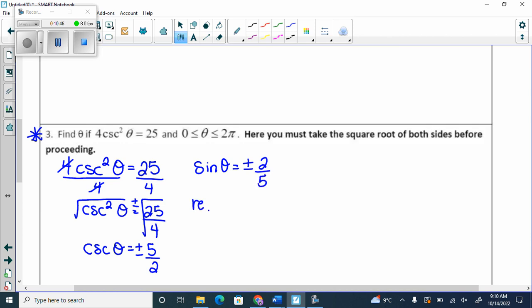And if I want the reference angle theta, I take the what of it? Yeah, the inverse sine, and positive so that it lands in quadrant 1.